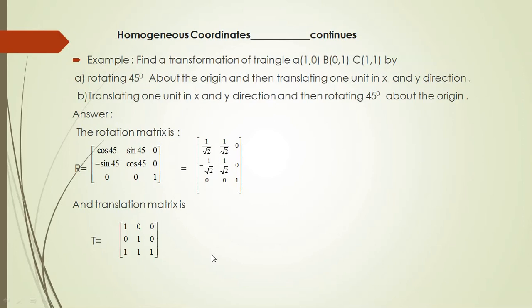So here what is given? Given are the A, B and C coordinates. Okay, so the first question is, this triangle is rotated 45 degrees about the origin, and after that this rotated triangle is translated 1 unit in x and y direction.